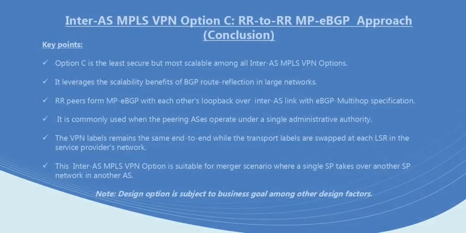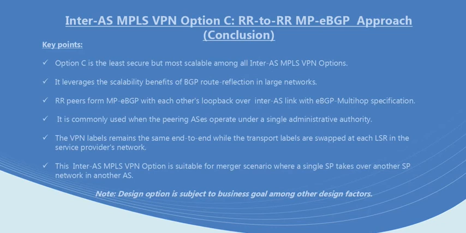In conclusion, here is the list of the inter-AS MPLS VPN option C attributes. And here you will see on the list that this method is the least secure but the most scalable among all the options of inter-AS MPLS VPN. It leverages the scalability benefits of BGP route reflection in large networks.